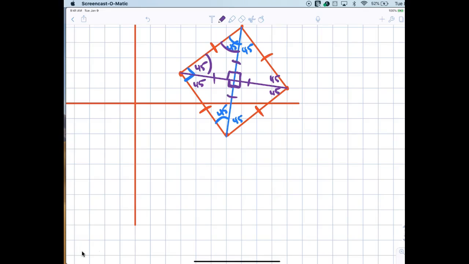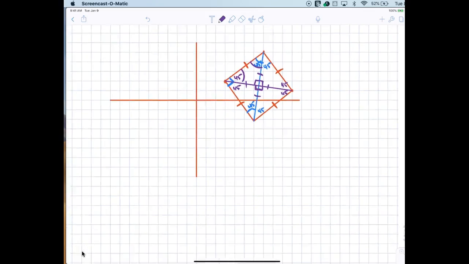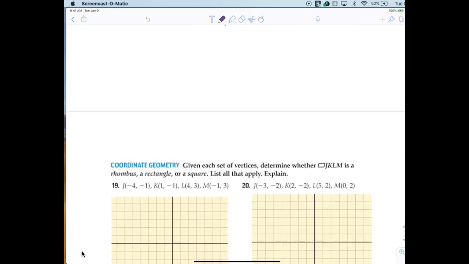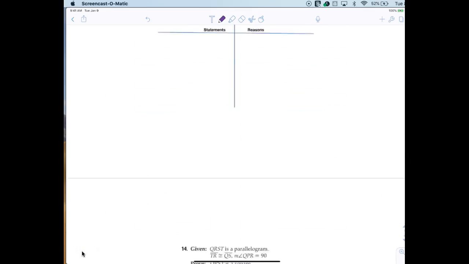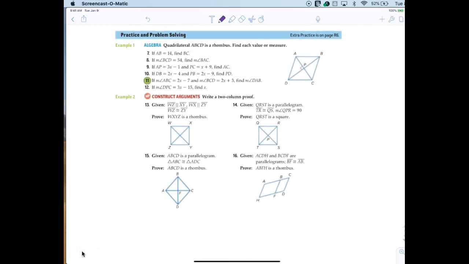Now, what I'm going to do is try to draw a rhombus. I think I may have to go up here real quick and see if I can find one that's better. Yeah, so here's a rhombus. I'm just going to grab this rhombus and pull it down.